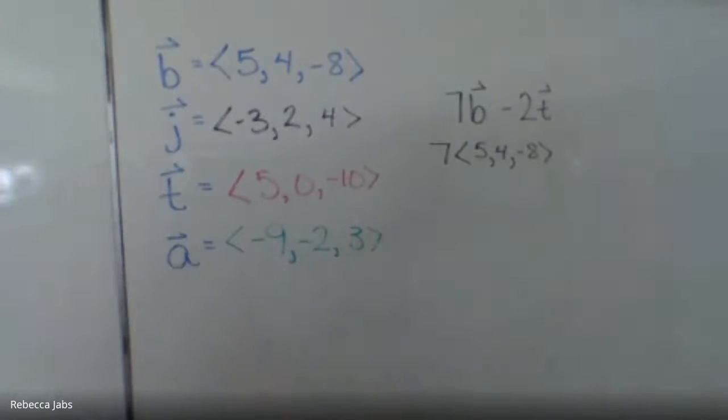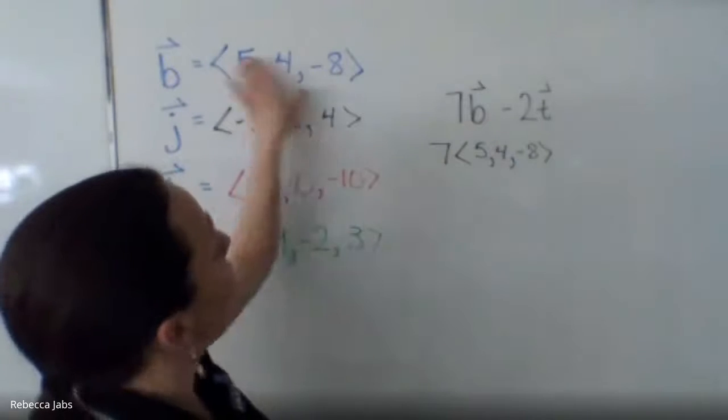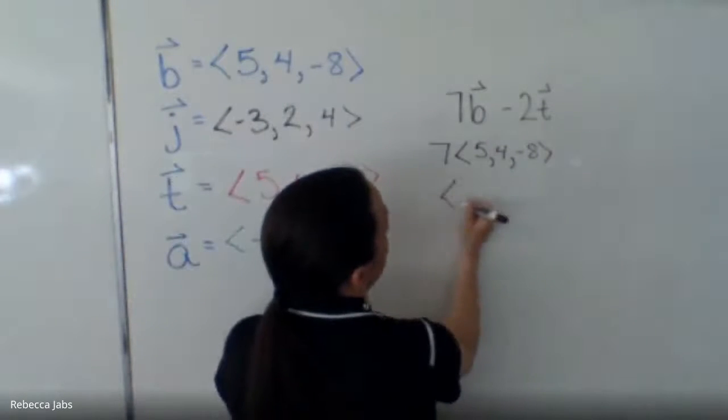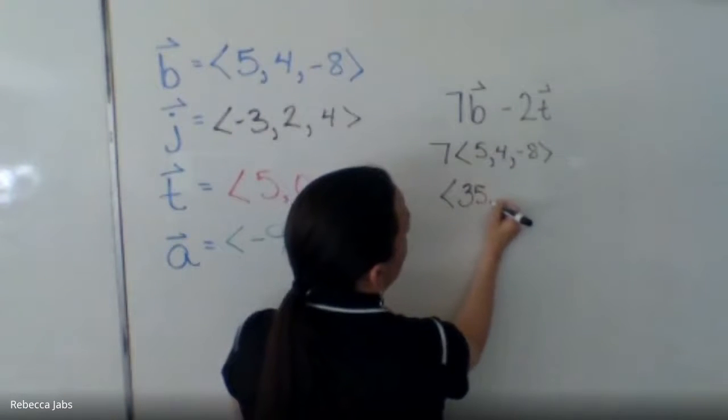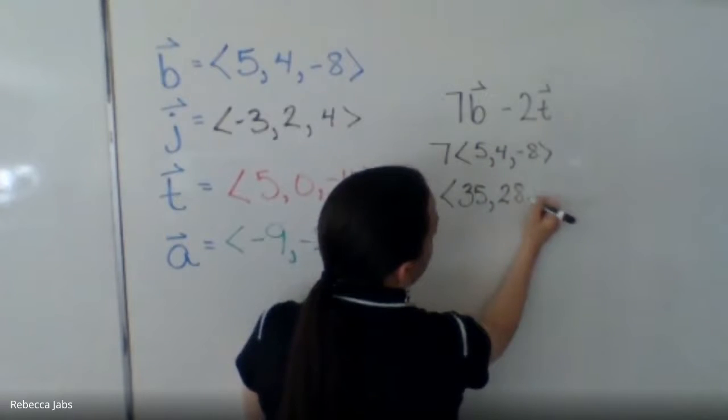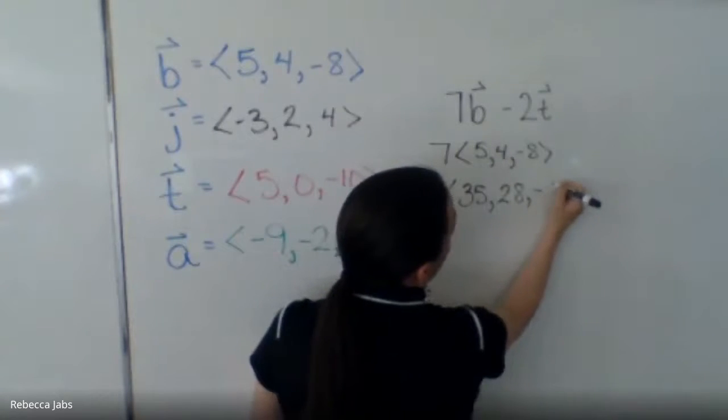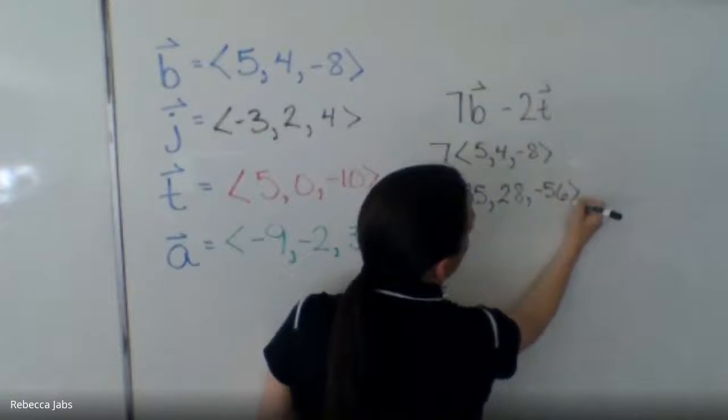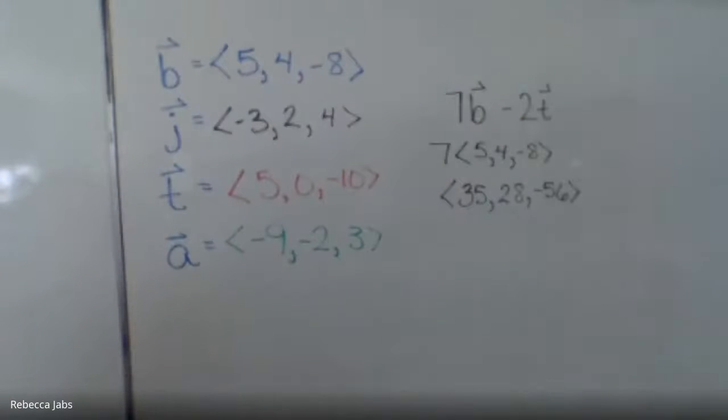Some people already just like to say, hey, I have to make B 7 times bigger. And so right away, they might write down 35, 28, 50, excuse me. The 8 is the only one that is negative, correct? So -56. Everybody following along so far?